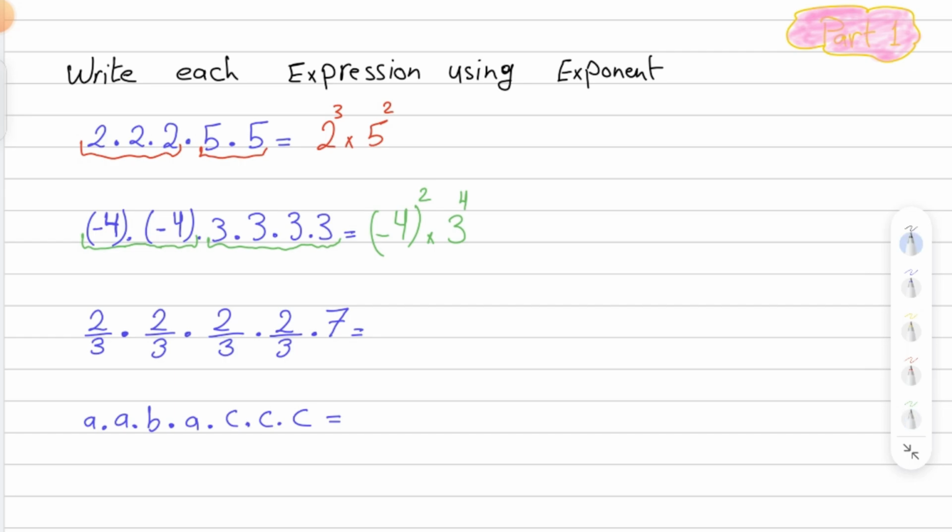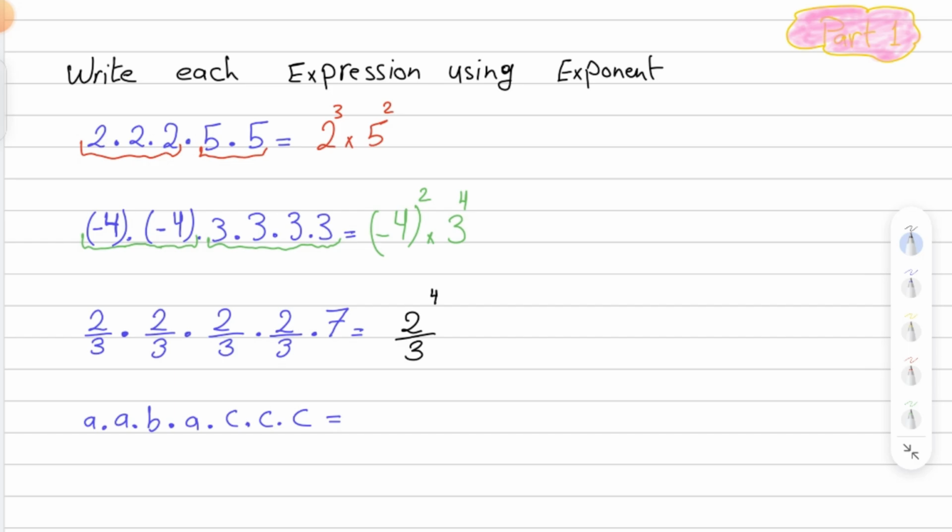Now, for question number 3, we have 2/3 multiplied by itself 4 times. So also don't make this mistake. Some students will make this mistake. They will write 2/3 and put the exponent 4 like this.